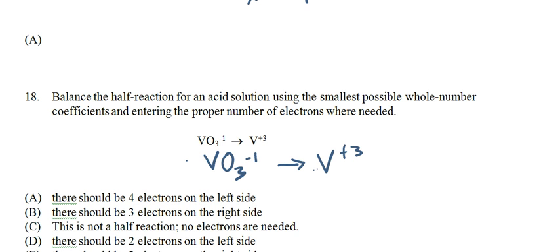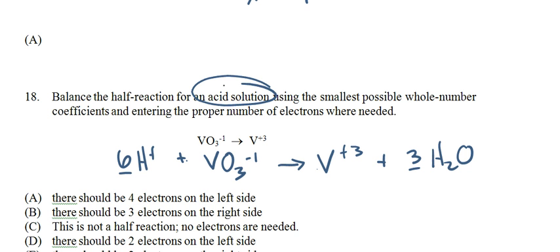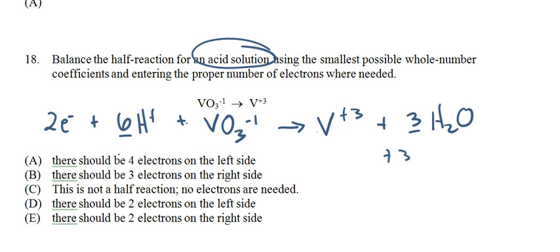Number 2, we need to balance the oxygens with water molecules. So we have 3 oxygen there, so we need 3 waters. And then we need to balance the hydrogen, so we have 6 hydrogen, and use hydrogen ions since we have an acidic solution. We have a total of a plus 3 charge on this side, a plus 5, so I need 2 electrons. So then, now that I'm balanced, it should be D, 2 on the left.